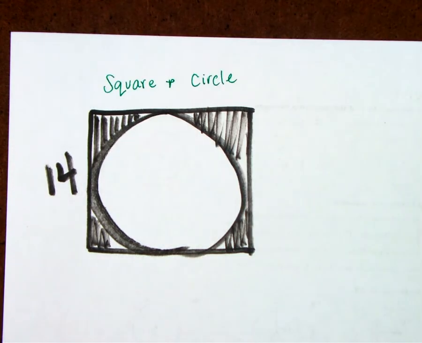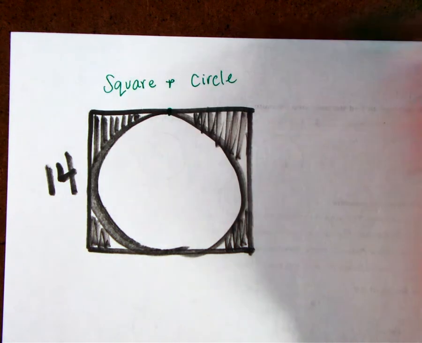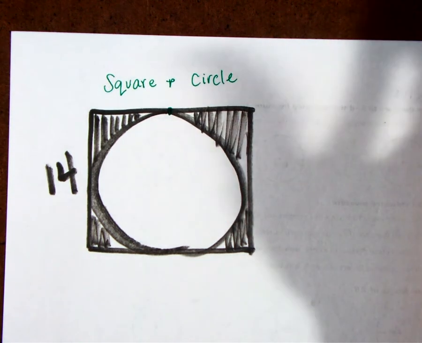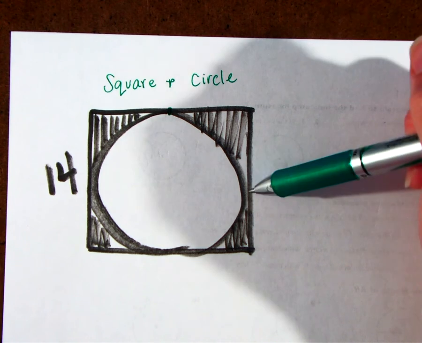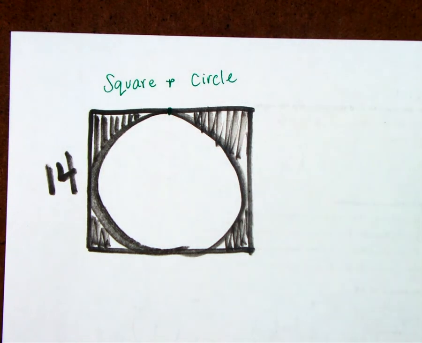Okay, now again, my drawing is not fantastic and yours doesn't have to be either, but when they come together at a point, that's called being tangent to each other. I kind of missed over here, so this circle is tangent to the square because it fits exactly in the square.